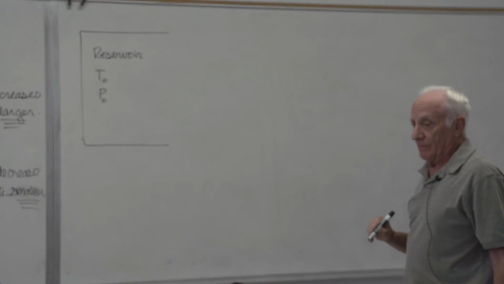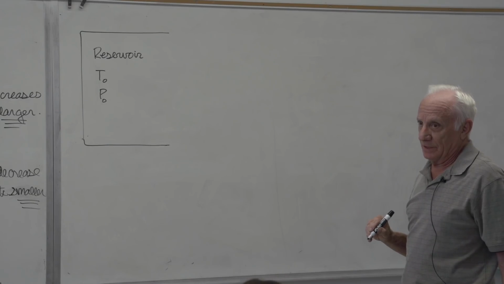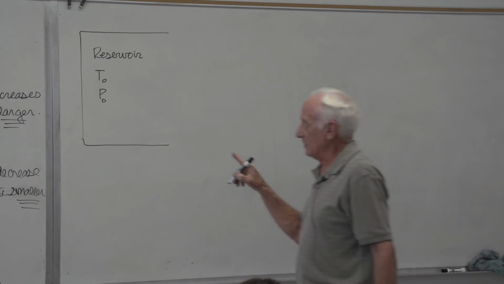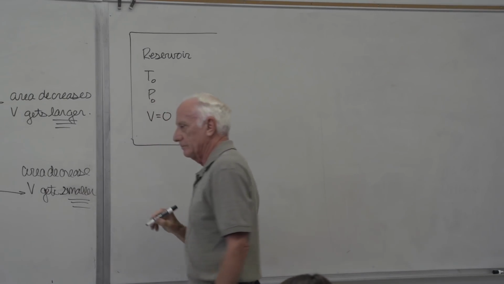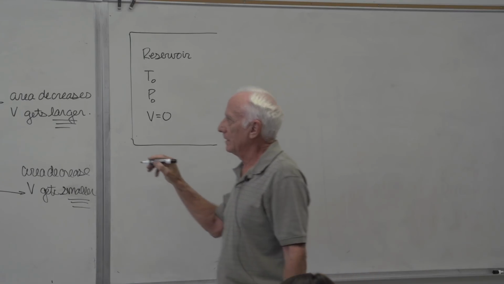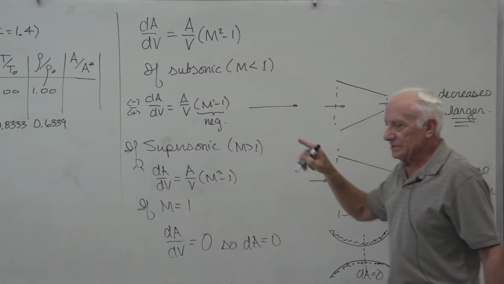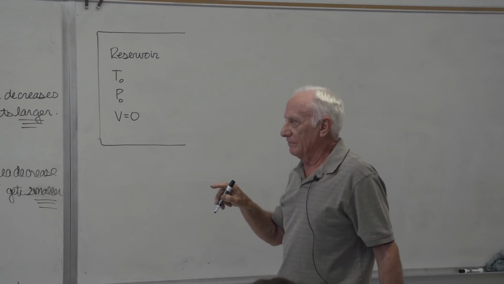Now, I'm going to build me a supersonic wind tunnel. I've got to accelerate that flow from 0 because the velocity in this large reservoir is 0. Here we go. It's going to start off subsonic. If the velocity is 0, the Mach number is 0. Let's start to make the velocity get larger.